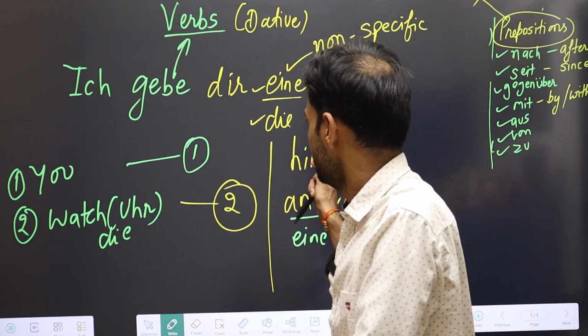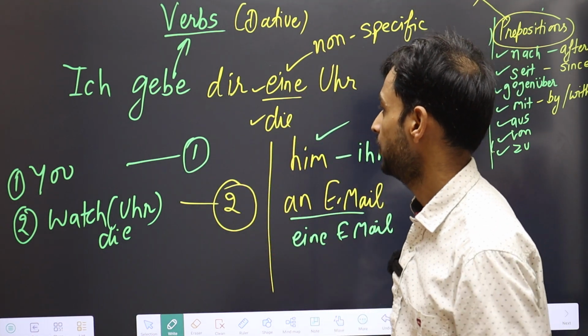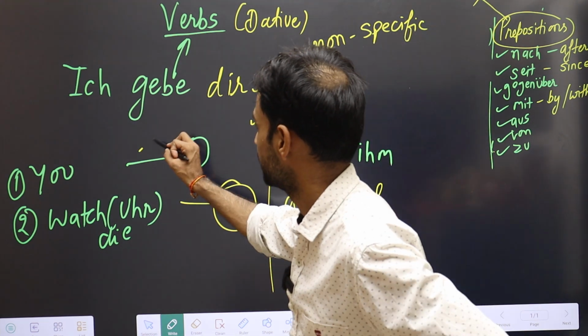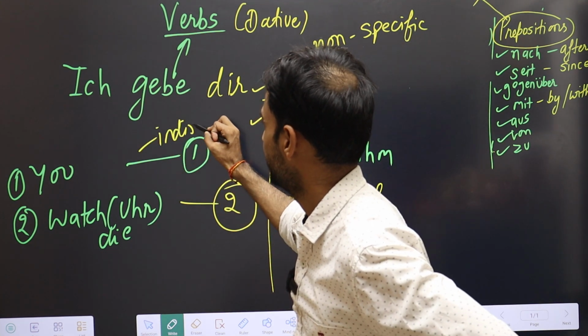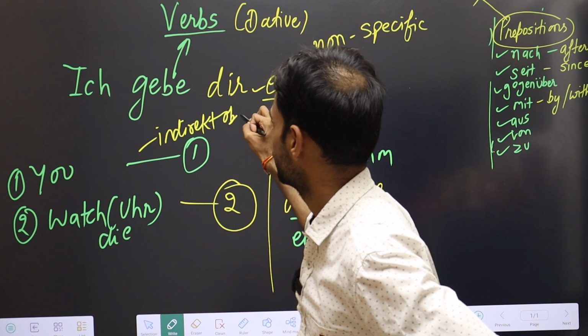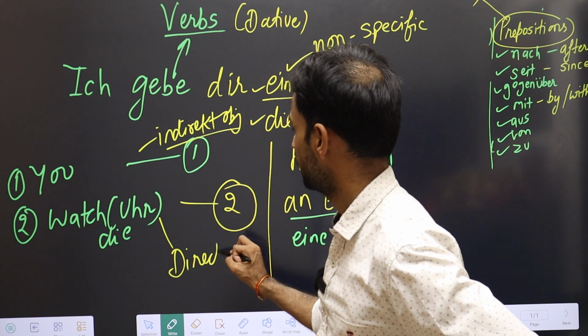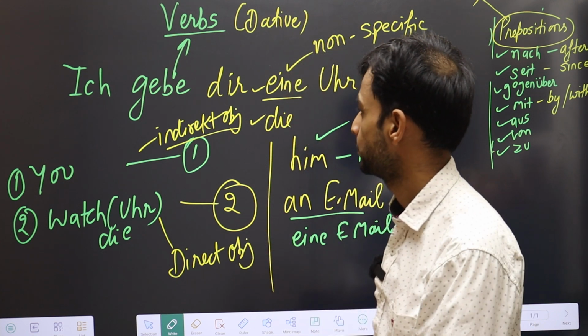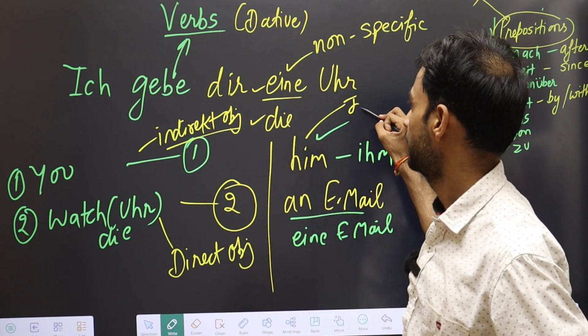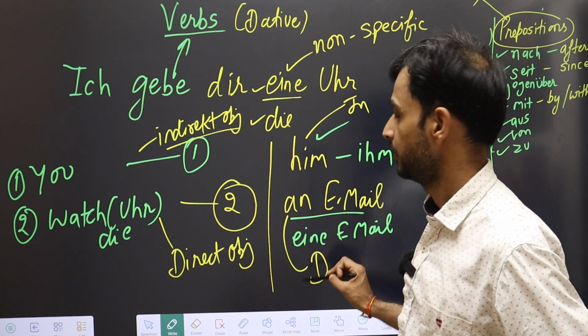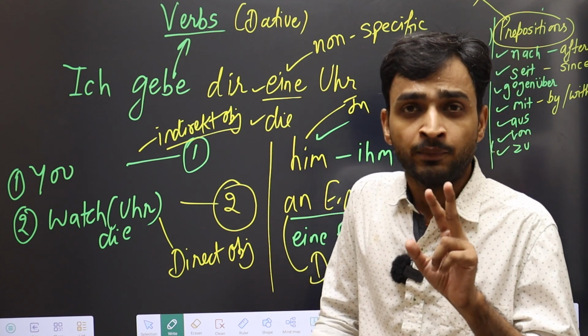Here the person, here you, here him, these are called the indirect object. In technical language, this is my indirect object, which is a person. And this is the direct object, which is always an object. Remember, there are two types of object.